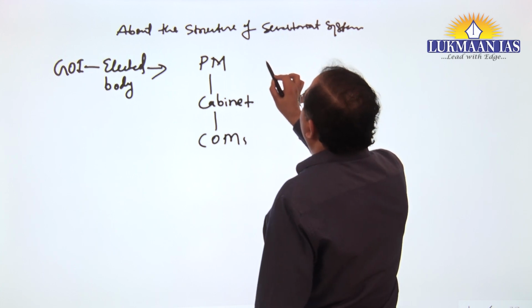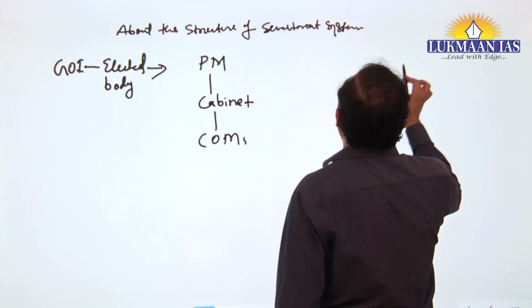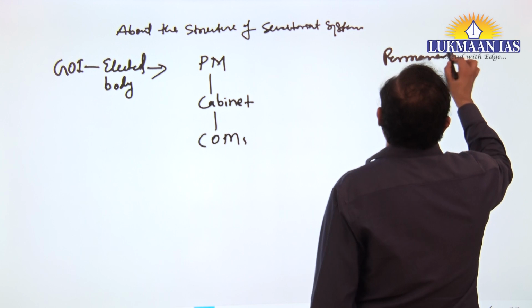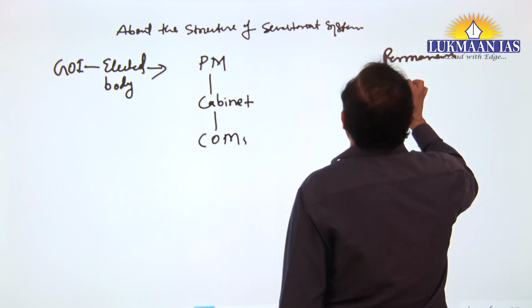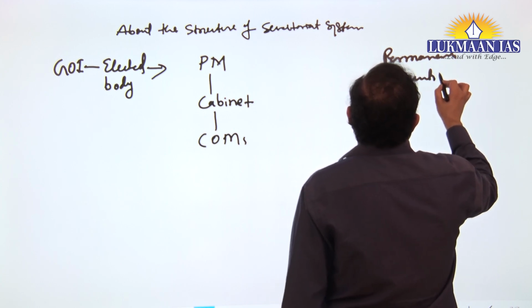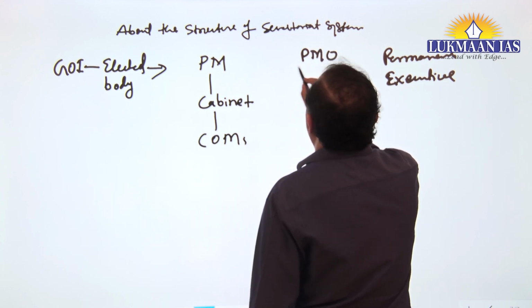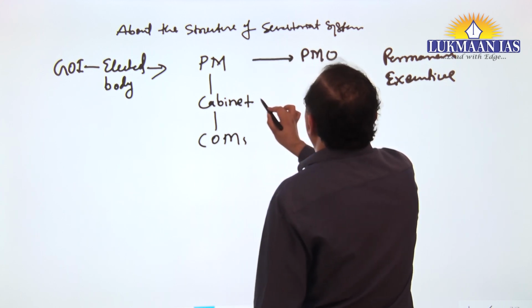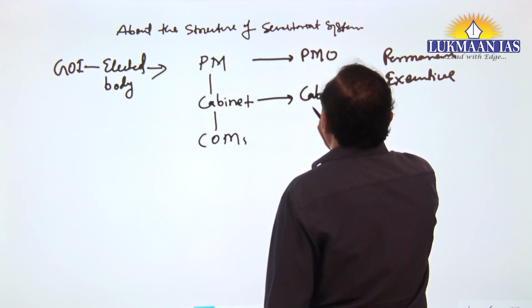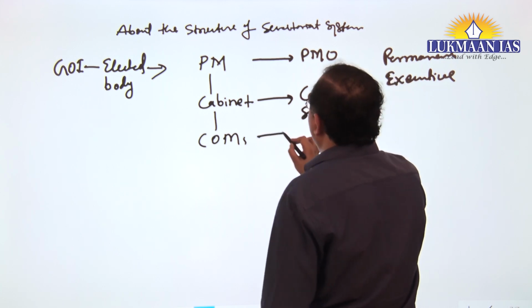We have the Secretariat, like a permanent executive: the PMO, the Cabinet Secretariat, and then the Central Secretariat.